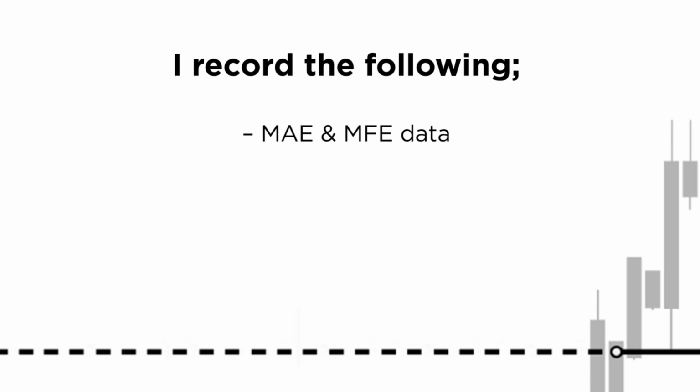In fact, knowing my own MFE for my pound dollar strategy was the one statistic that was able to reveal that the edge was actually profitable long term for me, and therefore made the edge viable. It was at that stage that I took it live. So again, MAE and MFE stats are very, very valuable to be aware of.